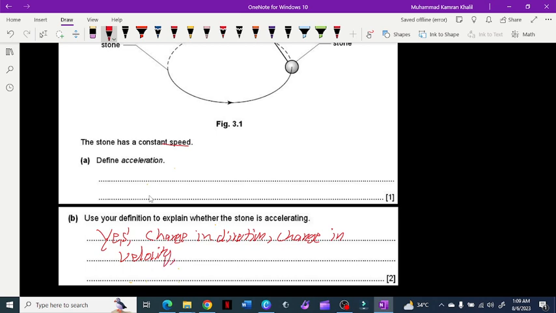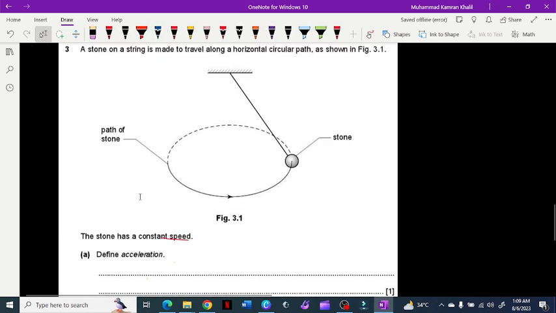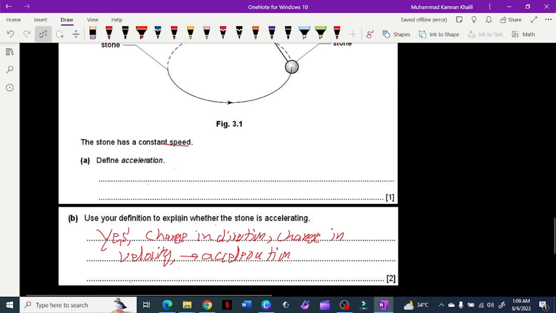Although the magnitude of the stone's speed is not changing, there is change in direction at every point in the circular motion. So the direction changes, meaning velocity changes, meaning there is 100% sure shot there will be acceleration.